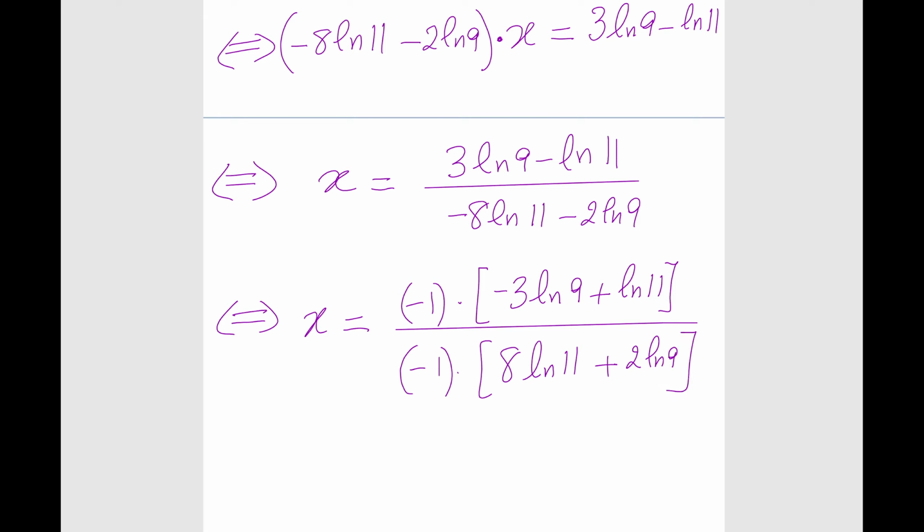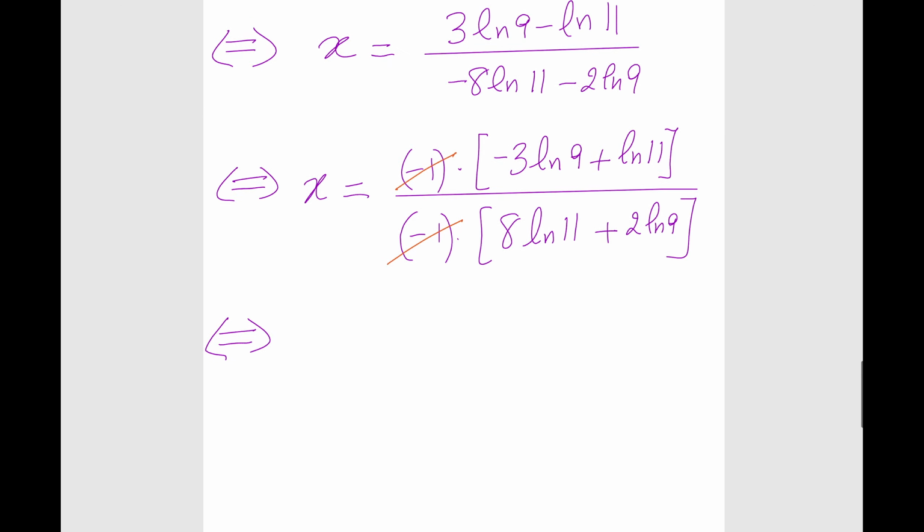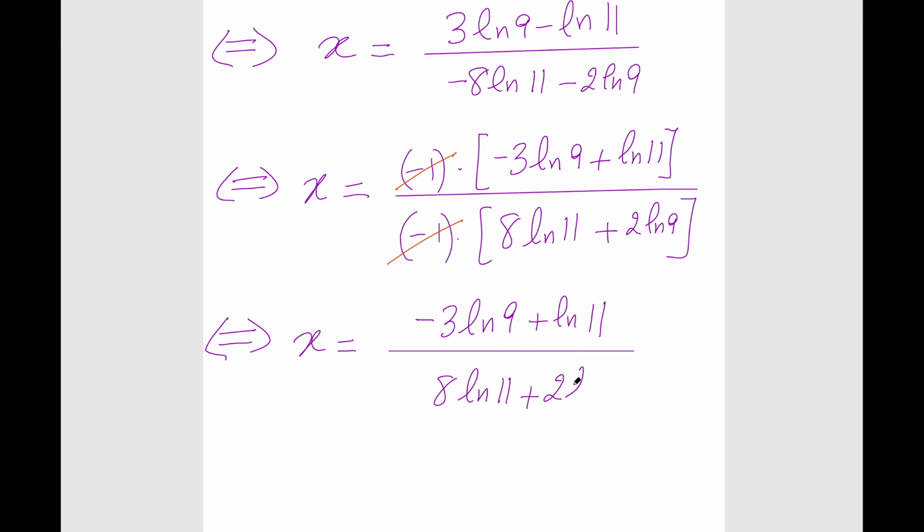And now if you simplify by the negative 1 and the negative 1, you get that x is equal to minus 3 ln 9 plus ln of 11 divided by 8 ln of 11 plus 2 ln of 9. Correct? So that's what you can get.